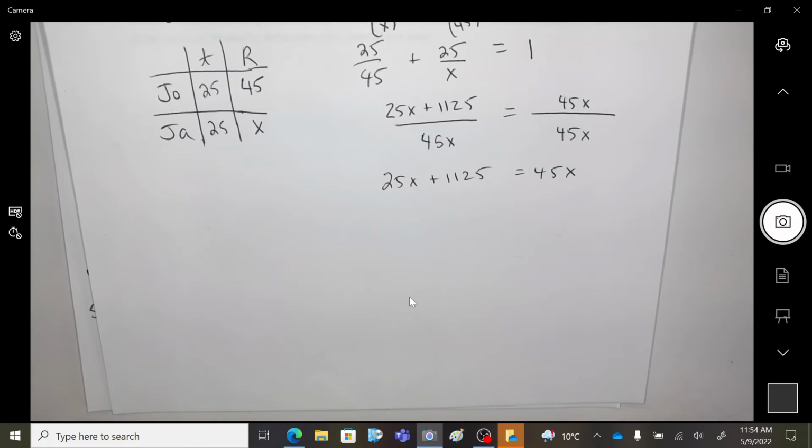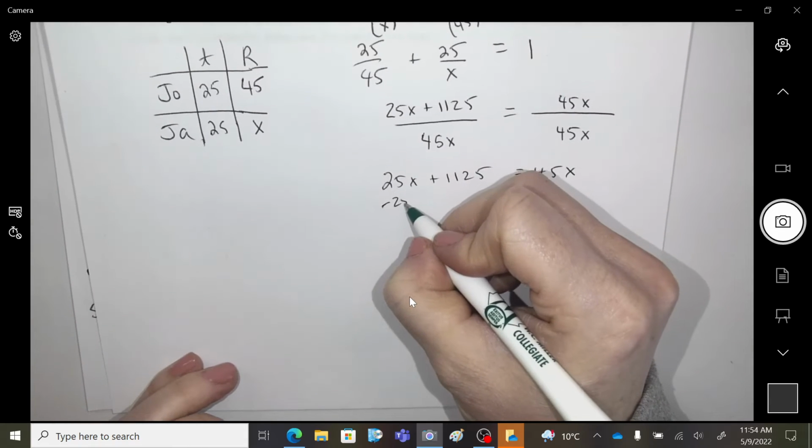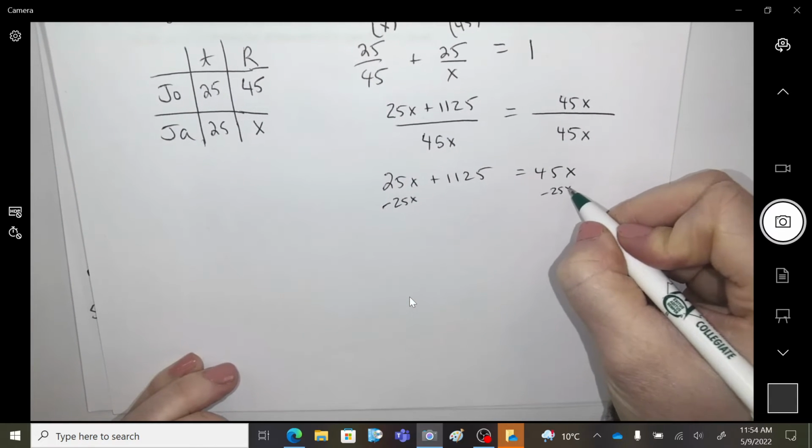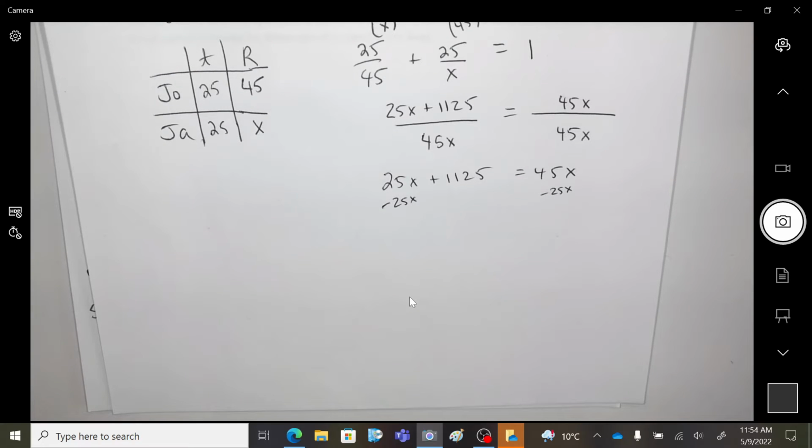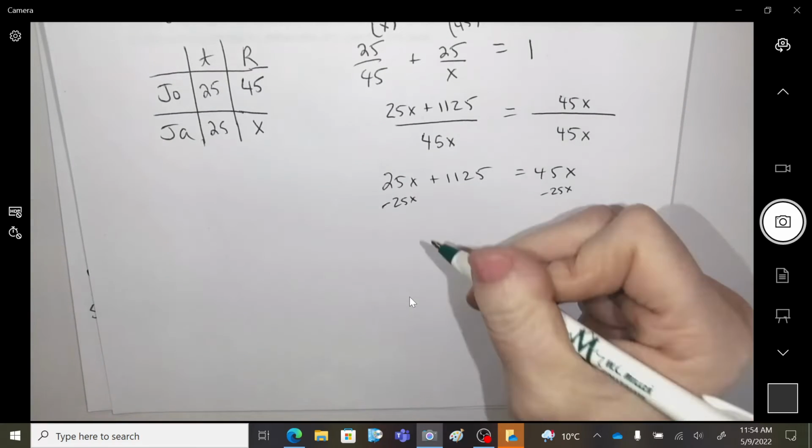Okay, now we would get to a point where the bottoms are the same. Conclusion, the tops are the same. And this is an isolation algebra technique. So try to collect x's together.